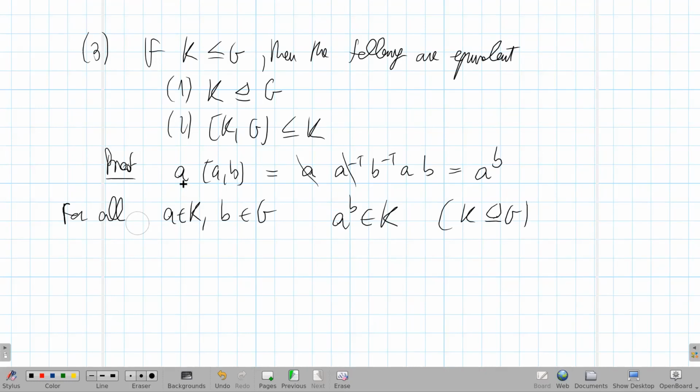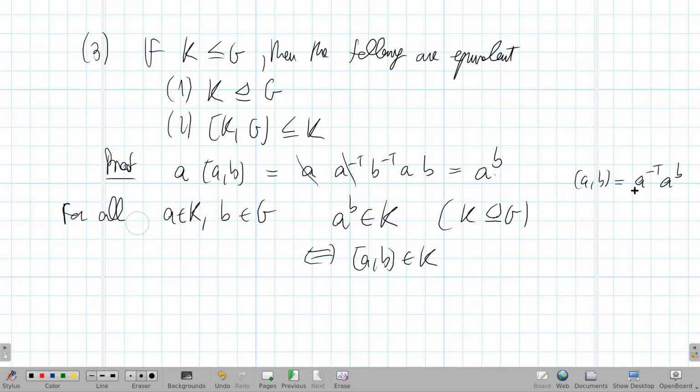since A is in K, is equivalent to saying that the commutator is in K. Because you have an element of K multiplied by this equals this. So if this is in K, this is the product of two elements of K, so this is in K. Conversely, if this is in K, then [A,B], as you see, is nothing else but A inverse and the conjugate.